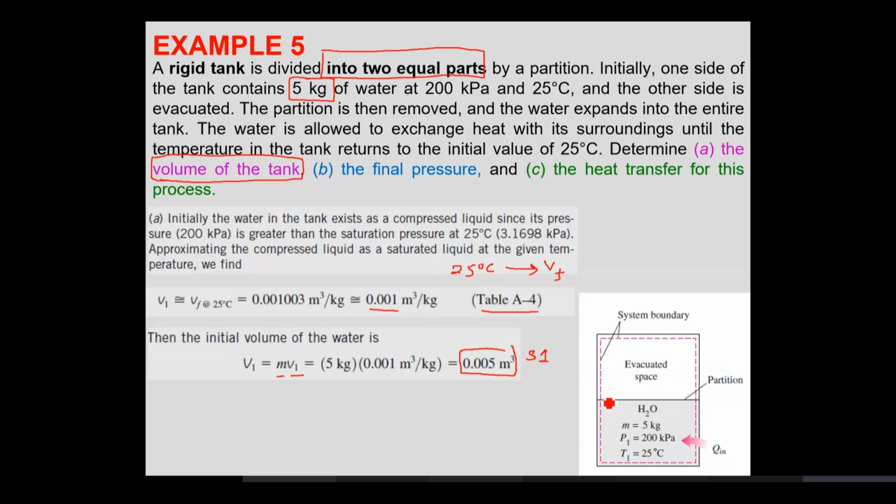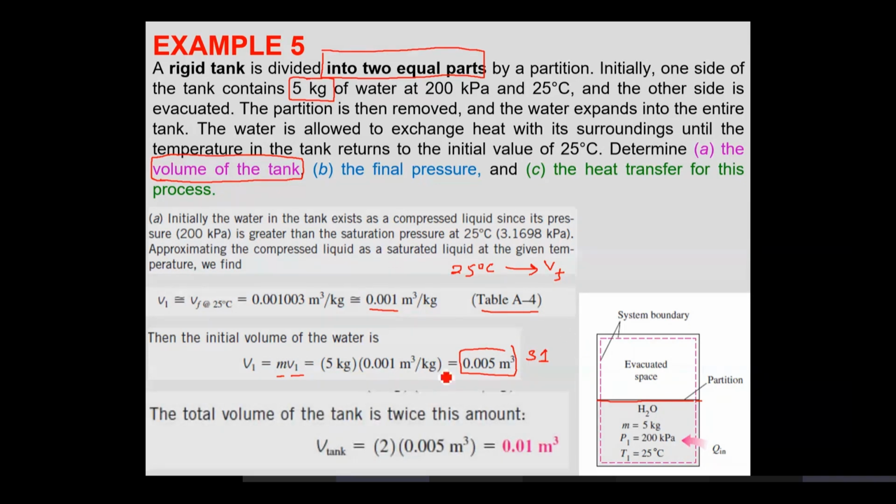Initially half of the tank is occupied, so the final volume will be double the initial volume. Very good. So the final volume of the tank, which is at state 2, is 2 multiplied by the initial volume at state 1, and this comes out to be 0.01 meter cube. All right. So your final volume is double the initial volume.